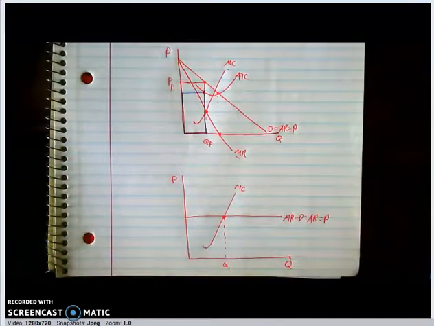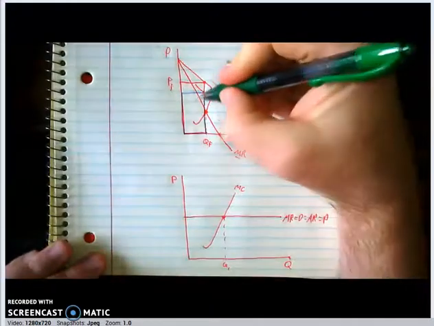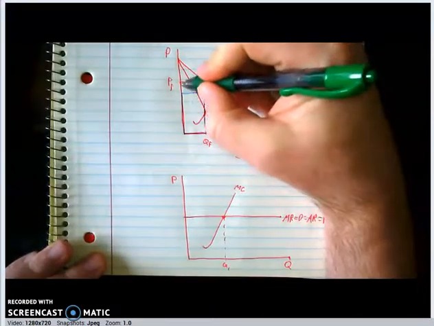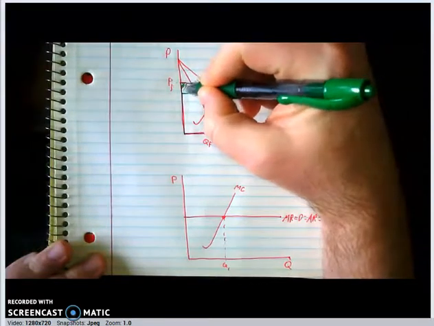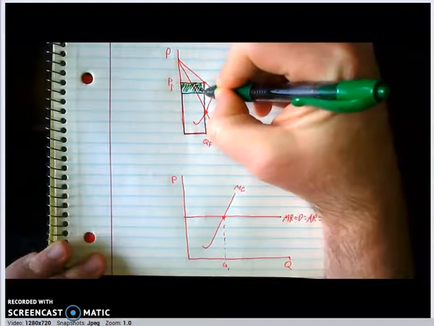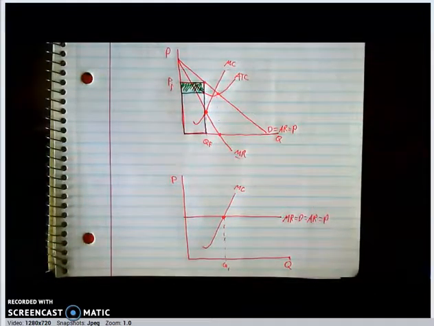Total revenue minus total cost equals total profit. So the red box minus the blue box leaves me with this green box right here. All of that would be my profit for this firm.